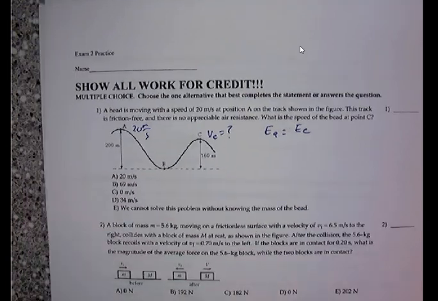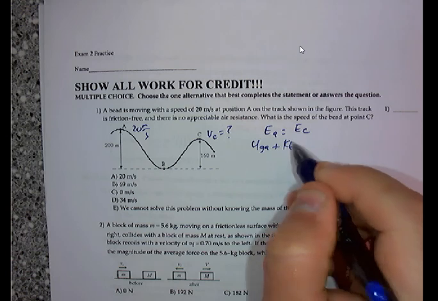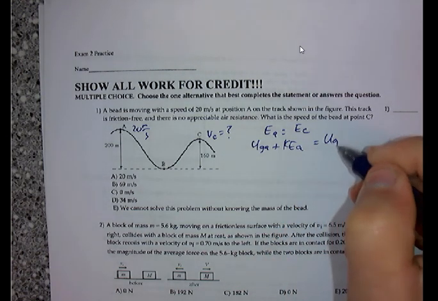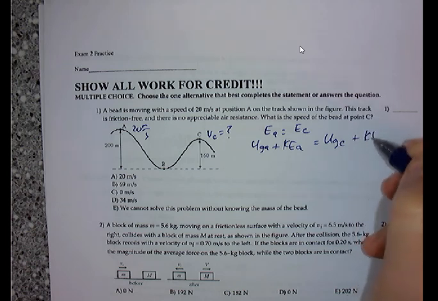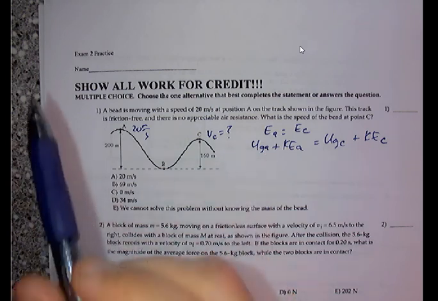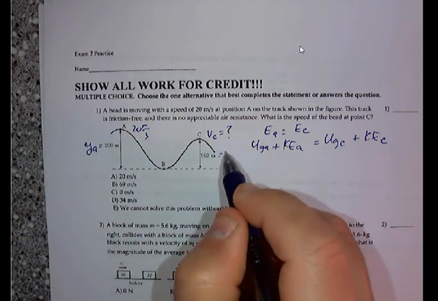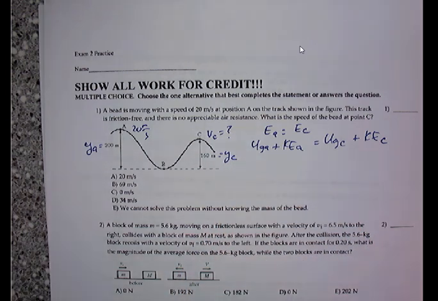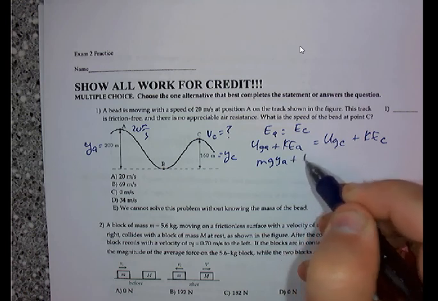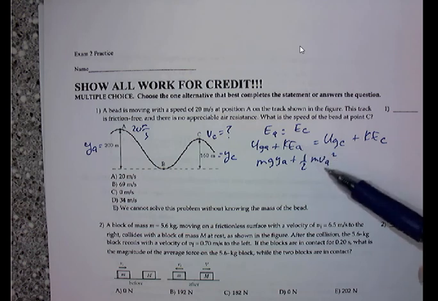Okay, so again we have gravitational potential energy at A plus kinetic energy at A. It's going to be equal to the gravitational potential energy at C plus the kinetic energy at C. Now the gravitational potential energy at A, let's call this yA, the height at A, and this one over here could be the height at C. We'll have mgyA plus 1/2 mvA squared, putting in the details of what the kinetic energy is.